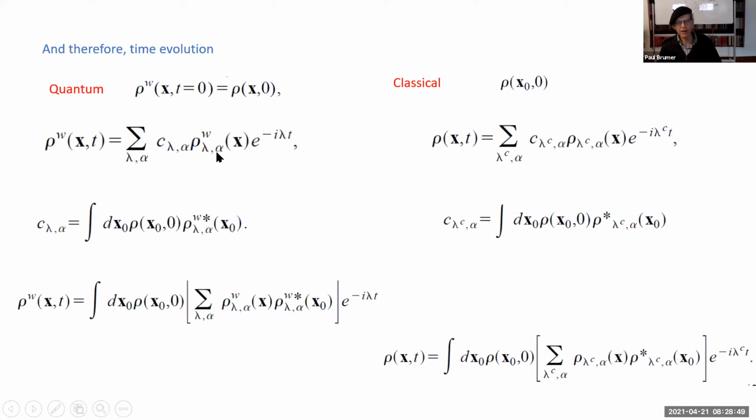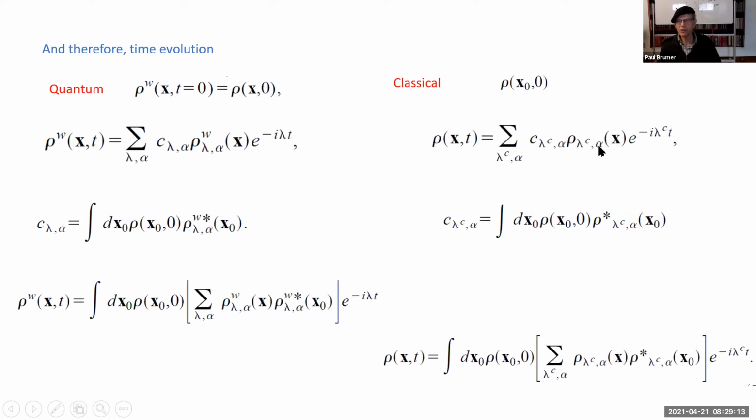Now, if you want to make a superposition as the initial state, you'd start out by building a superposition to start. But the point is, if I was a numerical person, I might study this thing here without ever studying this thing here. But the fact is that I can make initial superpositions here, and I can evolve them in time in this way.